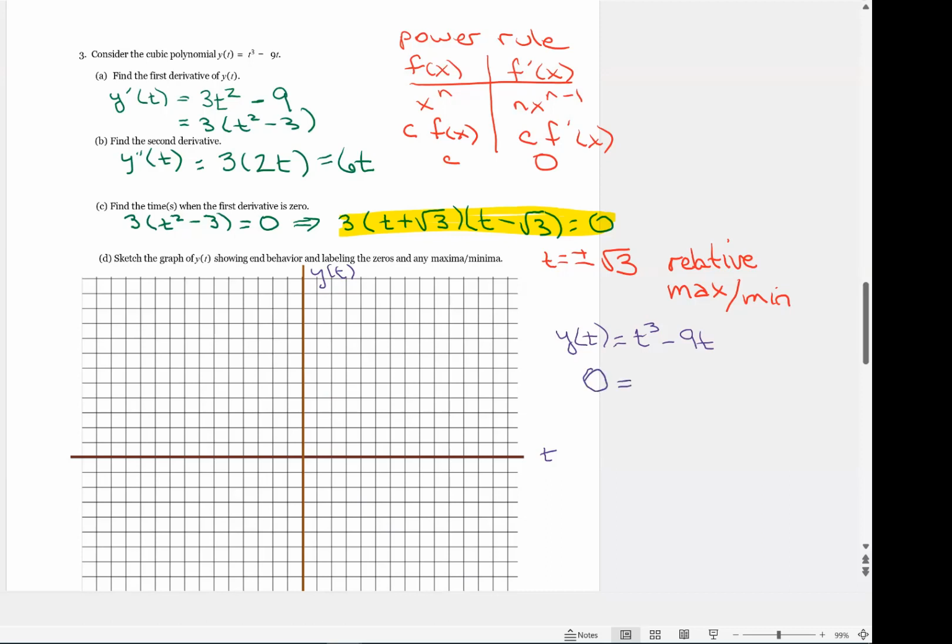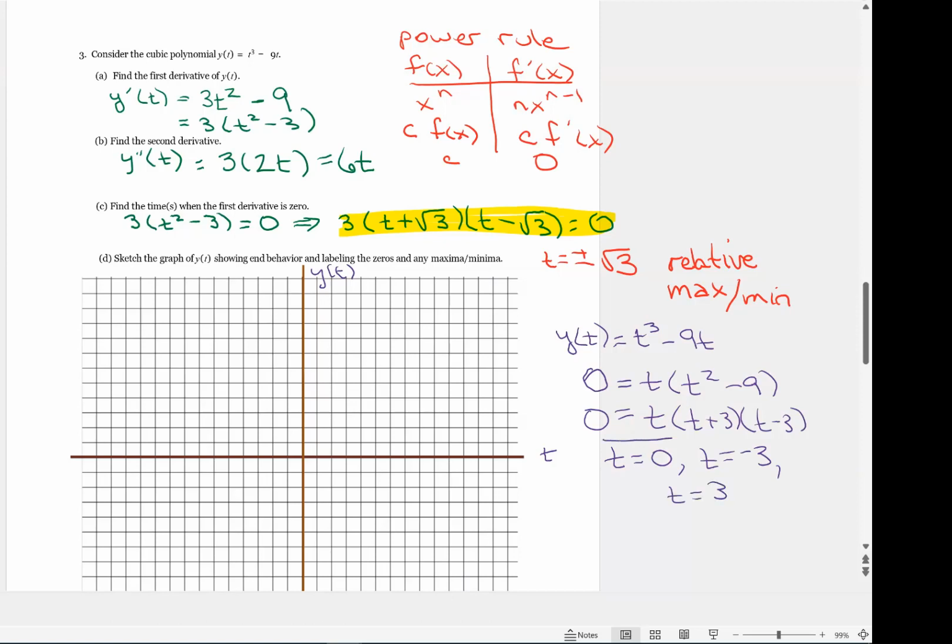I factor t cubed minus 9t. I get t times t squared minus 9, which is equal to t times t plus 3 times t minus 3, which means t equals 0, t equals minus 3, t equals positive 3.